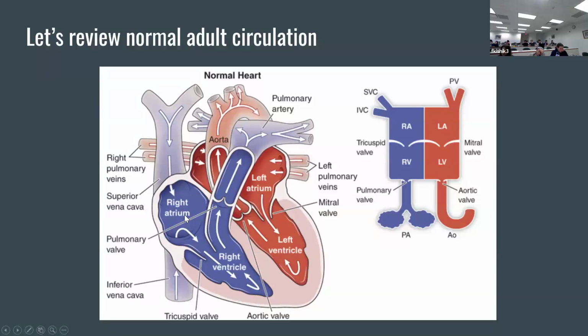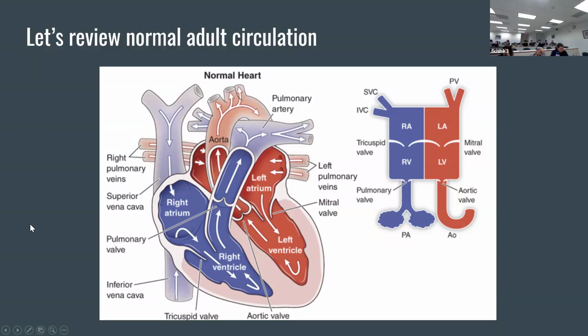Then that deoxygenated blood moves through the tricuspid valve into the right ventricle, out of the pulmonary valve and into the pulmonary artery, which goes to the lungs. We take a deep breath in and we oxygenate our blood through the capillaries. That comes back to the left side of the heart through the pulmonary veins, into the left atrium, left ventricle, and out through the aorta to the rest of the body.